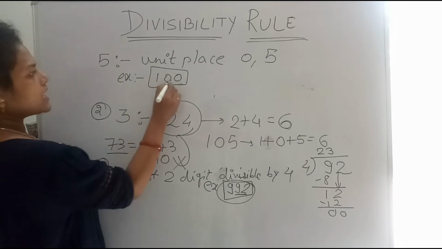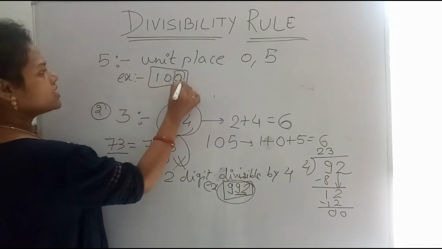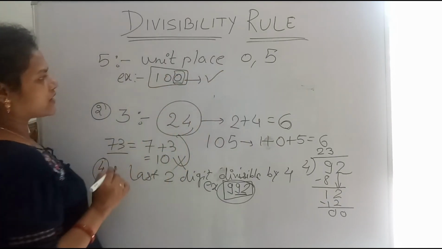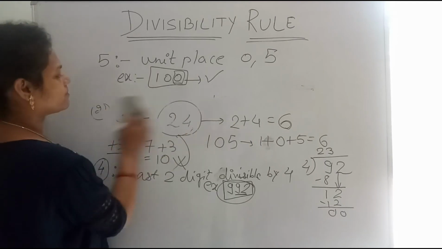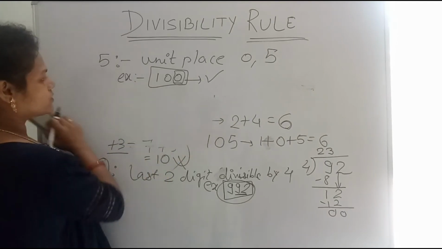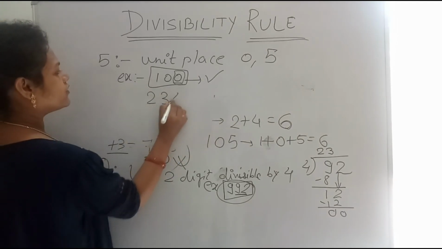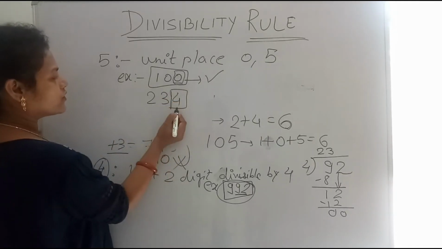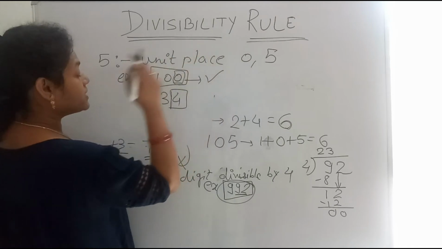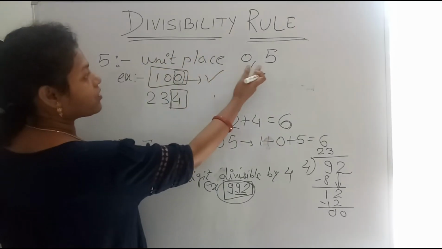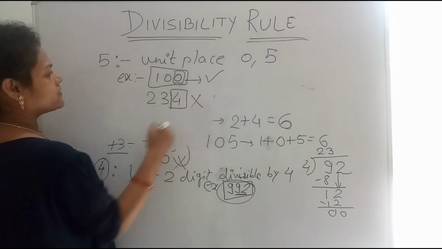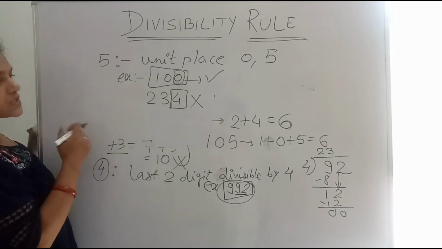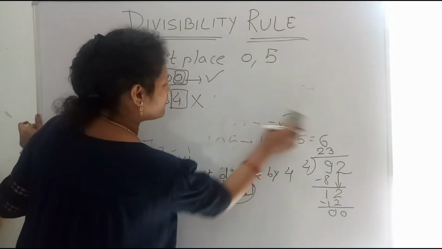Yes, obviously, as 0 is in the unit place, it is divisible by 5. But if I take the example, say, 234, again in the unit place you are getting 4, but my rule says that in the unit place there should be 0 or 5, so it is not divisible by 5. So this is the rule for 5.